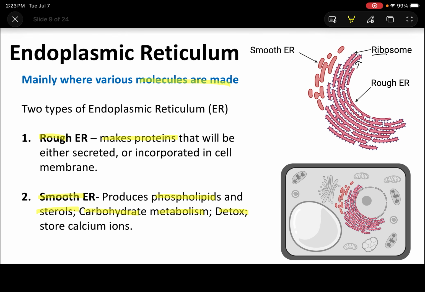It's important in detoxing the cell, getting rid of waste products. It also stores things like calcium, an element that's really important in cell function. Both of these are important for building things: the rough endoplasmic reticulum builds proteins, and the smooth endoplasmic reticulum builds lipids and sterols.